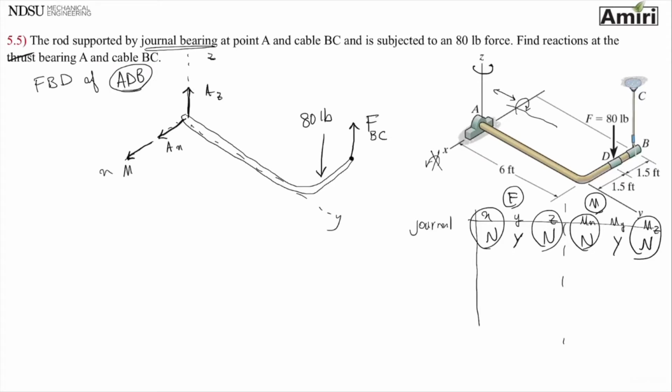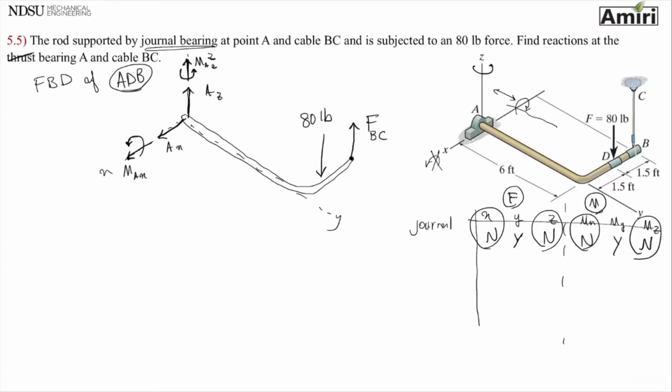M, point AX. I like to put an arrow on top of it to make sure I know it's a moment. And I'm going to use right hand rule. Direction of rotation is where I curl my finger. My thumb is going to be where the moment is pointing. And the next one that I have is moment about Z. So this is M, A about Z axis. I like to put a rotation on it, so I remember that's a moment.